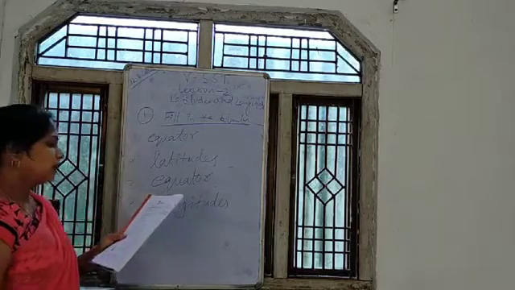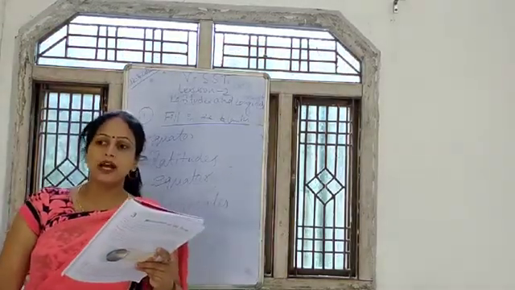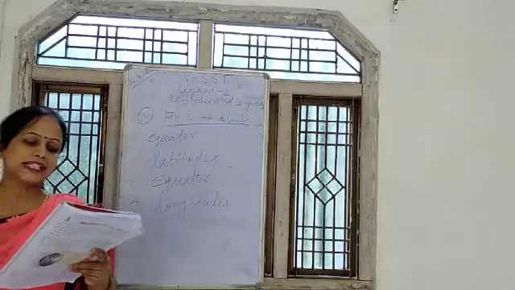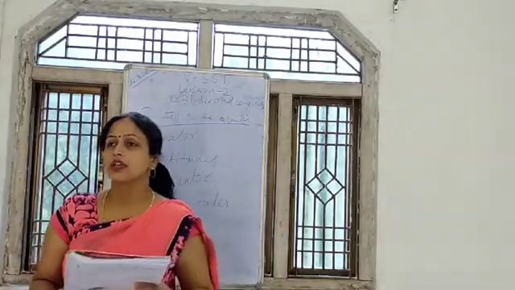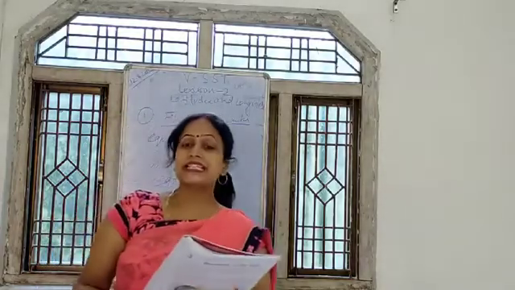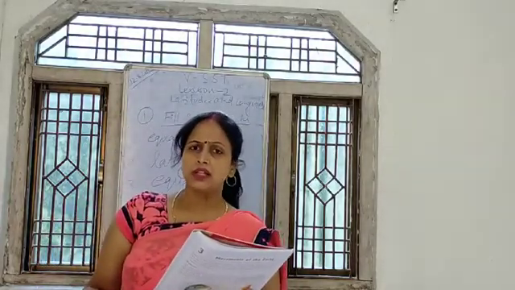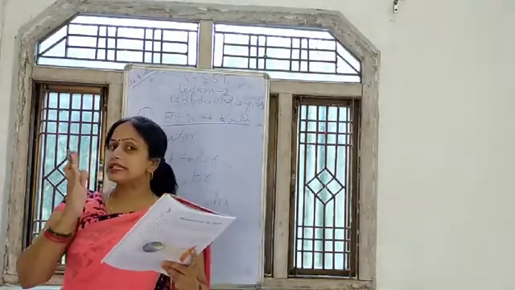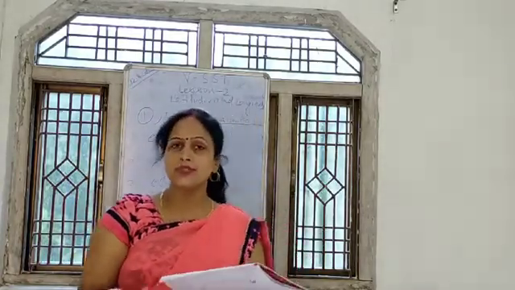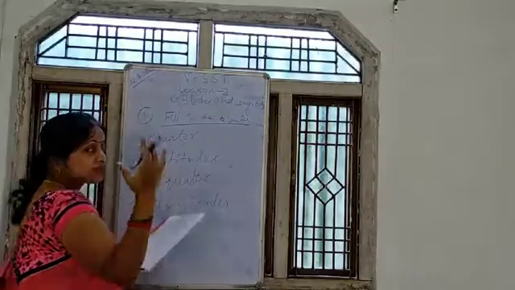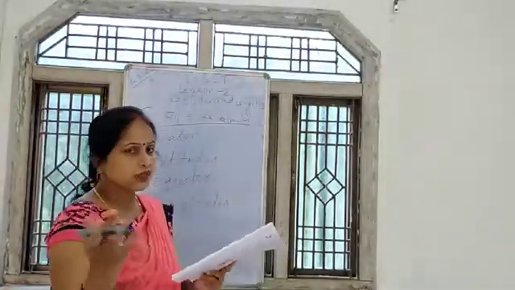What is the fifth question? The part to the east of the prime meridian is called the eastern dash. So what it will be? Eastern hemisphere. Means if it is in the east of the prime meridian, it is known as eastern hemisphere. If it is west of the prime meridian, it is known as the western hemisphere.